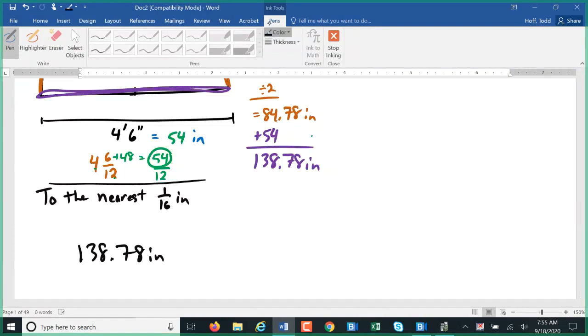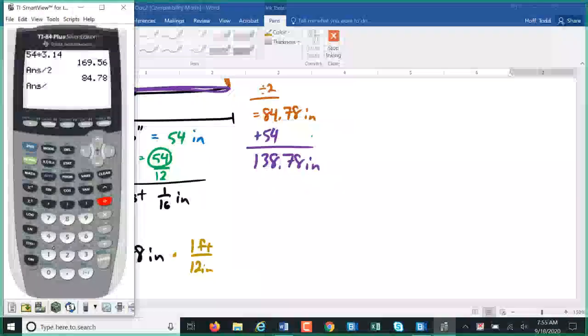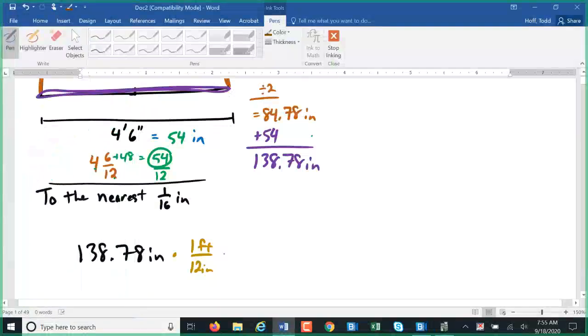To change that into feet, the first thing I need to do is divide it by 12. Or I could multiply by 1 foot over 12 inches, which is technically what I'm doing. But let's just divide by 12 to get feet. That is 11.565 feet. Well, all I want off of that is the 11.